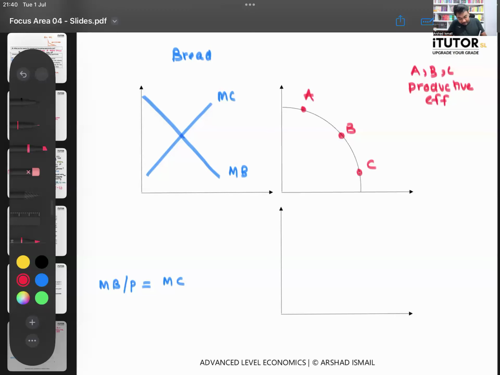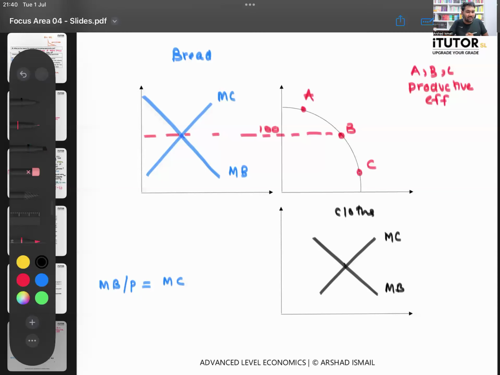So based on this, for bread, we have to be ideally producing, let's say, 100 units of bread. That's the allocatively efficient level of output for bread. Then if you take the other good, let's say clothes, for clothes also you have the marginal benefit curve and the marginal cost curve.